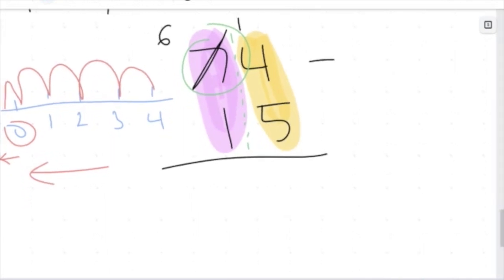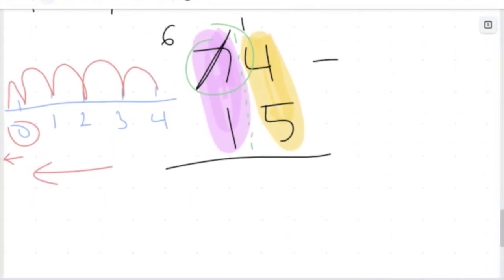In essence, it's happening in a reverse way to addition. Remember in addition, we always carried the ones over to the right-hand side? We're carrying ones over still here, but we're going to the left. We're borrowing from the right and going to the left because we can't subtract 5 from 4 just yet.